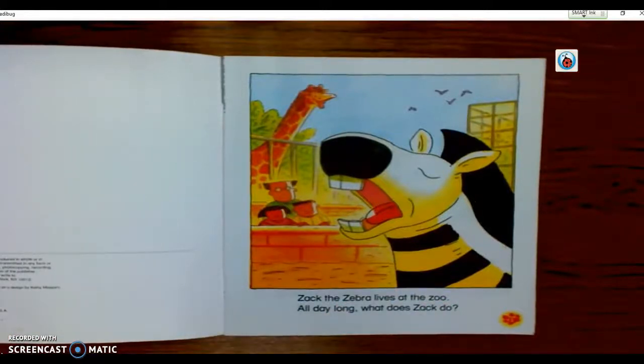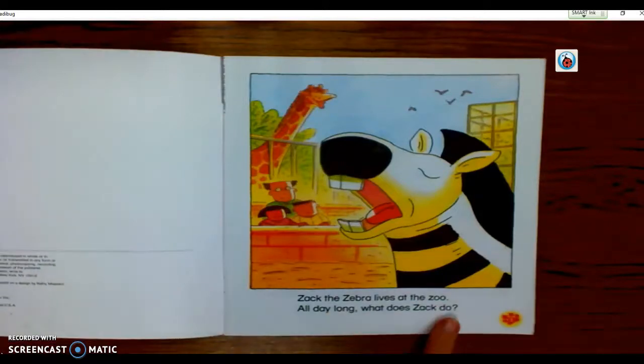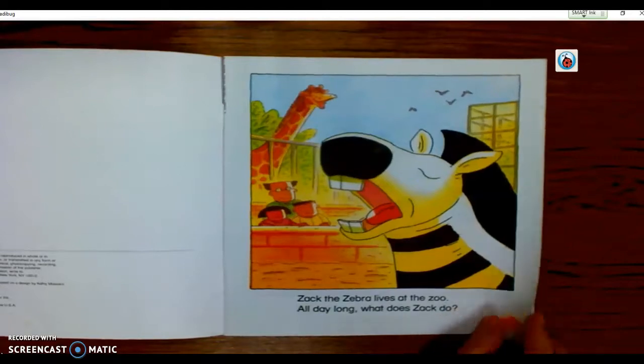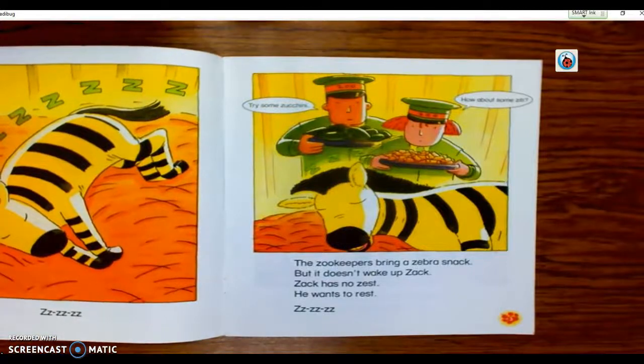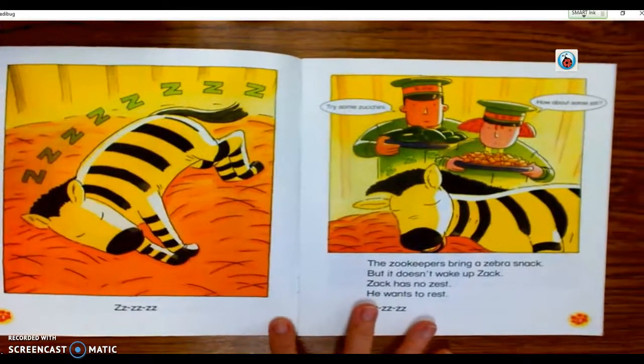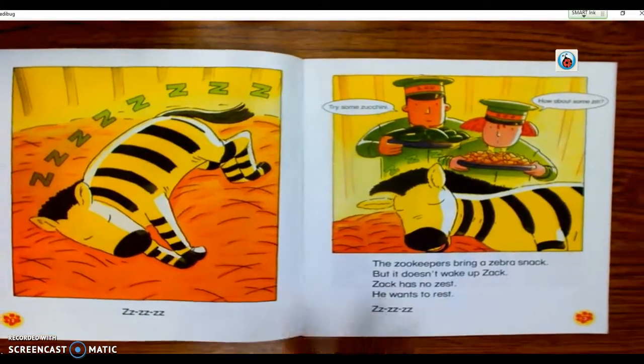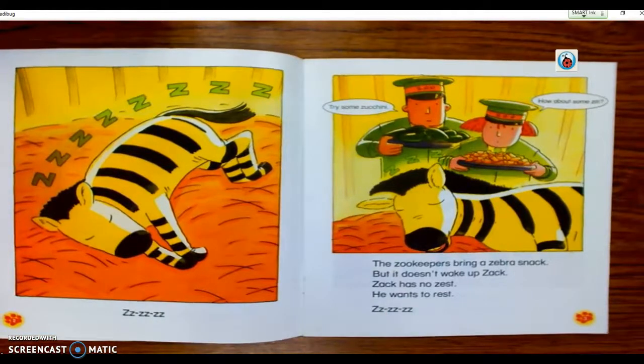Zach the zebra lives at the zoo. All day long, what does Zach do? They're asking a question, so there's a question mark. The zookeepers bring a zebra snack, but it doesn't wake up Zach. Zach has no zest.